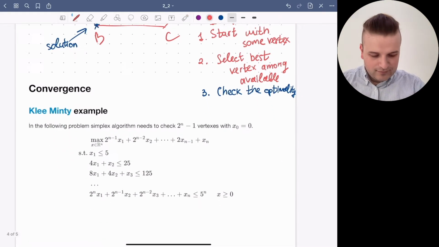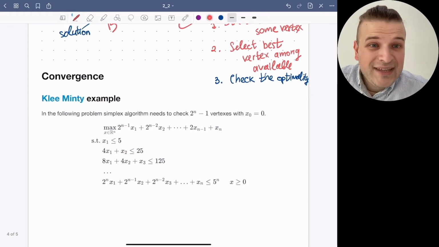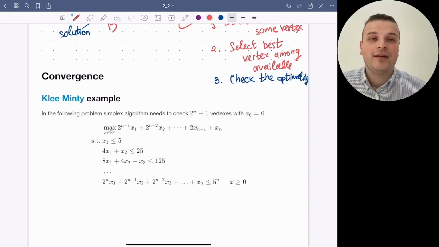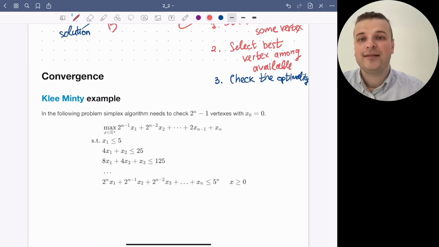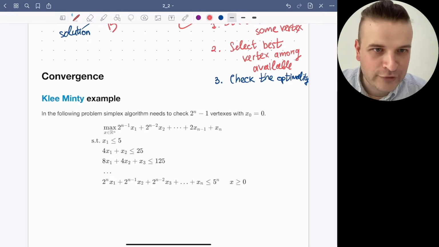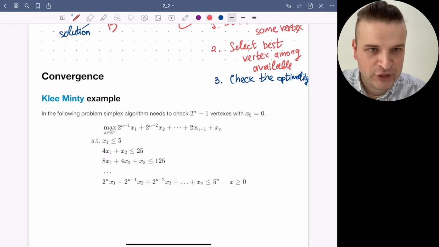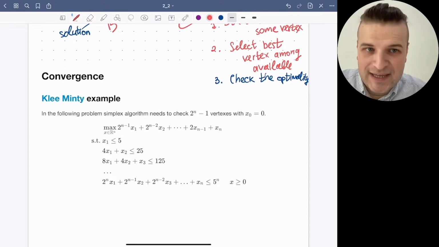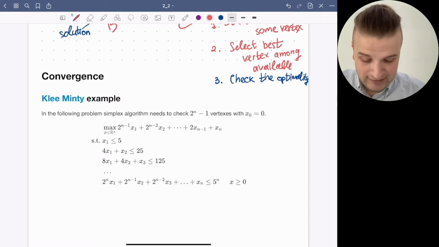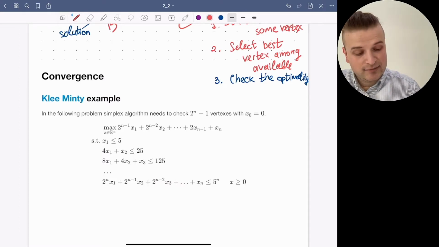Okay, and by the nature of the simplex algorithm, in the worst case, it can check all vertices of your multidimensional polyhedra, which means that you can construct a very adversarial example, and it was done by Klee and Minty.